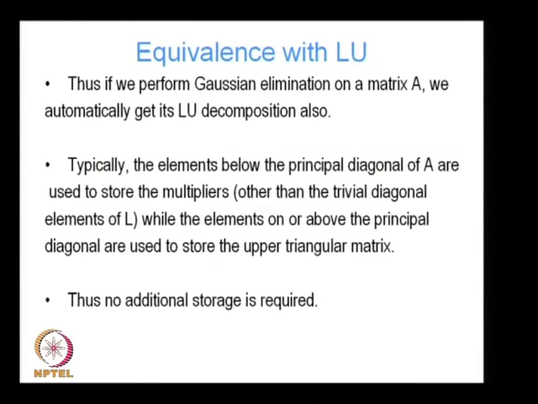Thus, LU decomposition does not require any additional storage. Basically, if we overwrite our original matrix, storing the upper triangular elements on and above the principal diagonal and using the elements below the principal diagonal to store the multipliers, we automatically get our LU decomposition.